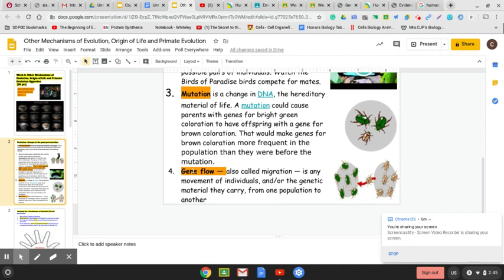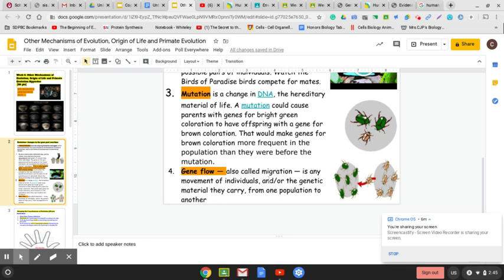And then finally, gene flow. Gene flow is a fancy word for migration. Migration is any movement of individuals from one place to another, so when you move yourself, you move your genes with you. Obviously, if you're on two different continents, the chances of mating are not going to happen, unless you're a human and can fly on a plane.